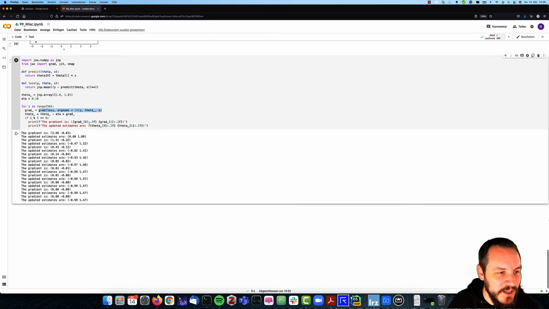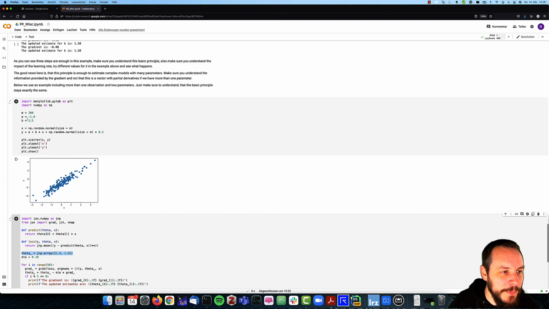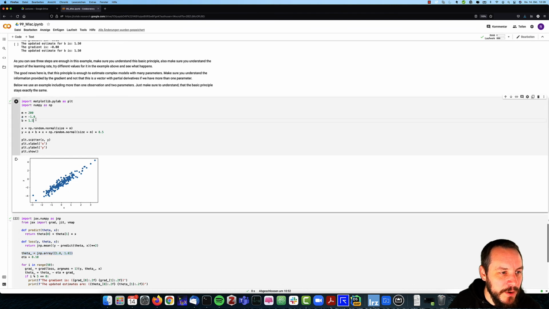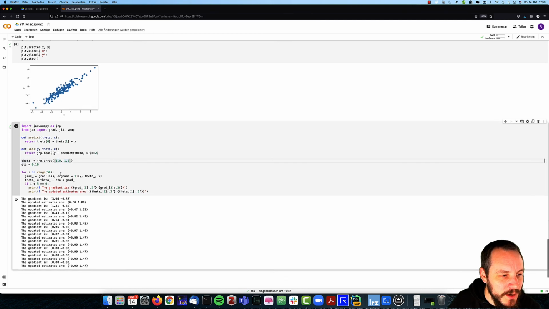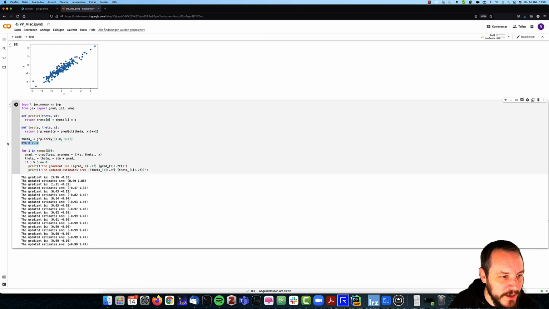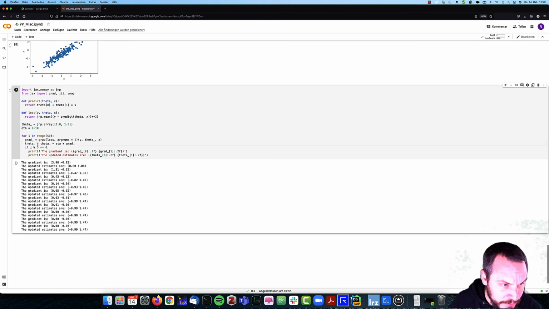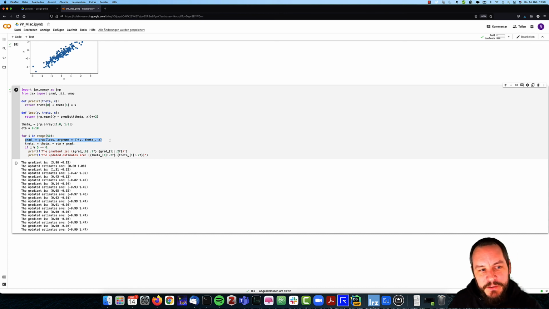And as you can see here, if we apply the principle again, that means we start with some values. The true values here are -1 for the intercept and +1.5 for the slope. Here we start with 1 and 1, and we set again the learning rate to 0.1. The principle stays the same. In the first step, we calculate the gradient. This here is really the partial derivatives.